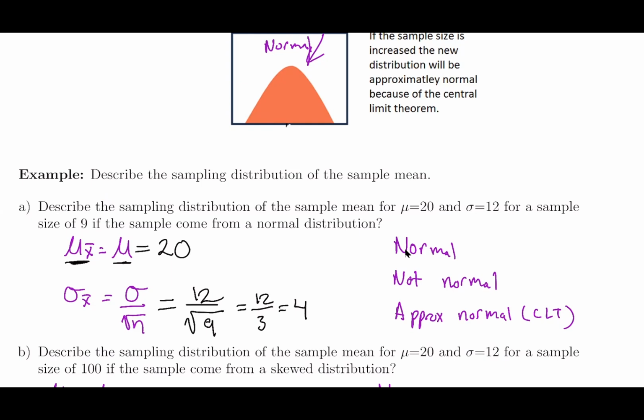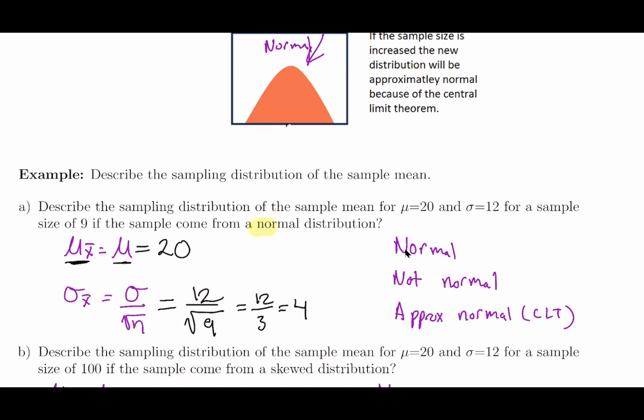Okay, so up next, we're going to see if the data set is normal, not normal, or approximately normal. You always want to check first if it's normal. If it's normal, the original problem should tell you the distribution is normal. For this problem, do they tell us the distribution was normal? Yes.